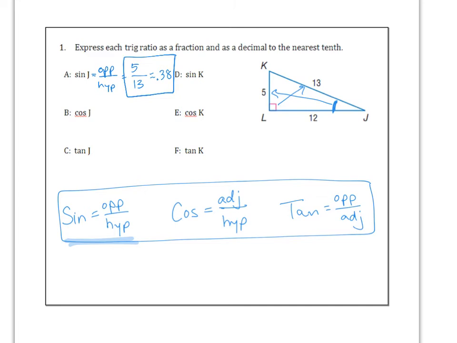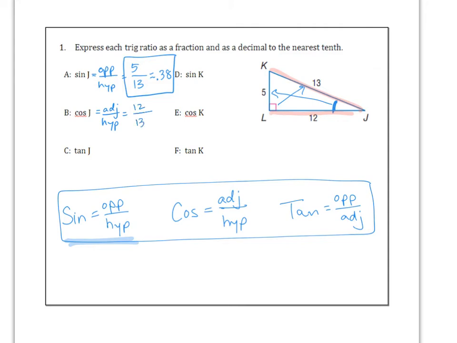Let's do cosine of J. Now remember, cosine is adjacent over hypotenuse. We're comparing those two sides. So go back to angle J and think, what's adjacent? Well, remember, it has to touch J, so it's either the 12 or the 13, but the 13 is already the hypotenuse, and so the adjacent side must be the 12.